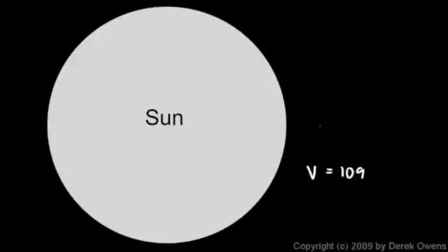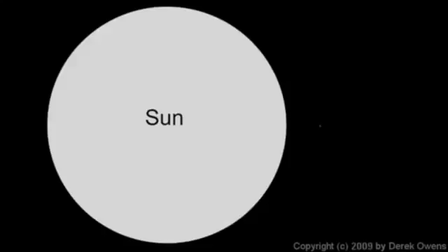And 109 times 109 times 109 comes out to about 1.3 million times the volume of the Earth. That means if you could take the Earth and turn it into liquid and pour it into a container the size of the Sun, it would take 1.3 million Earths to fill up that container. And as you can see, Earth barely even shows up in this diagram.